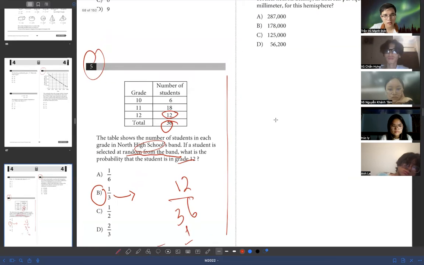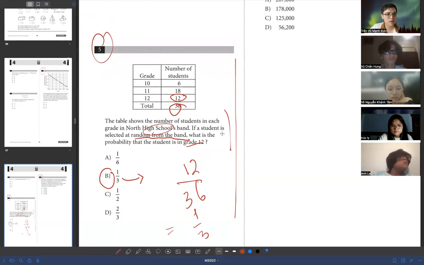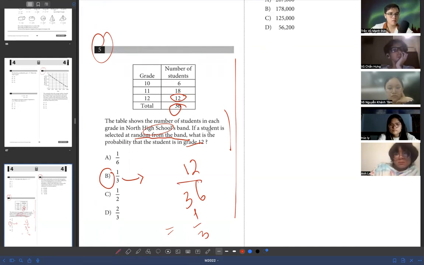Exactly. The same logic can be applied to a way more complicated question, but it's basically this. You take the numerator as something that is being asked, and you divide it by the largest possible population, which in this case is North High School Band.